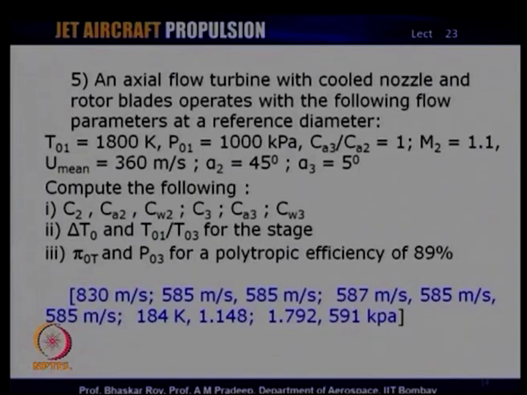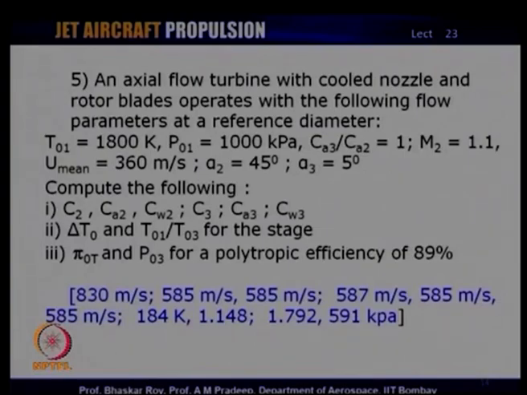So, all these velocities, that is, you are required to complete the velocity triangle that we have seen before. The total temperature drop across the stage, and correspondingly of course, the total temperature ratio across the stage, the pressure ratio across the stage, and then P 03 for a polytropic efficiency of 89%.